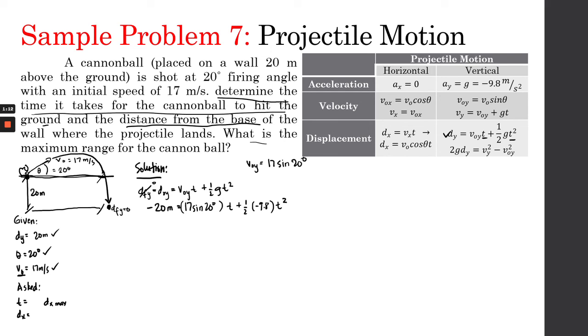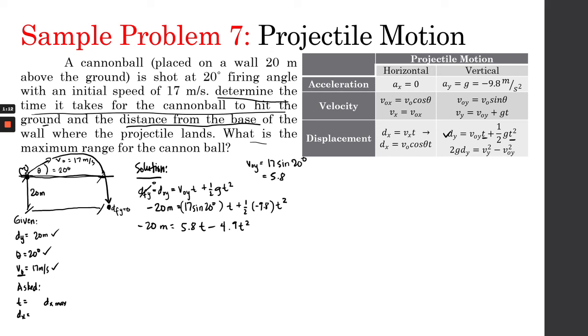Okay, so that would actually give you, yeah, 17 sine 20 degrees, this is 5.8. So that would give you negative 20 meters is equals to 5.8 t plus, or this should be negative because that's negative 4.9 t squared.